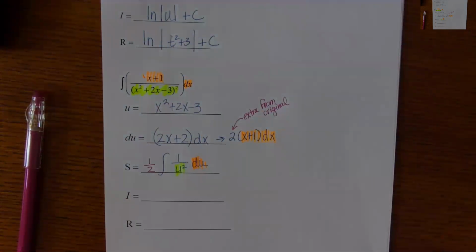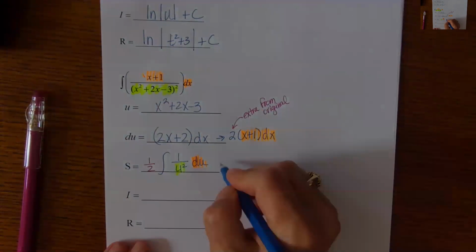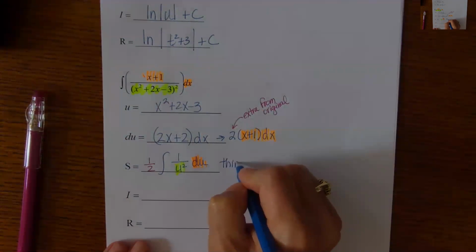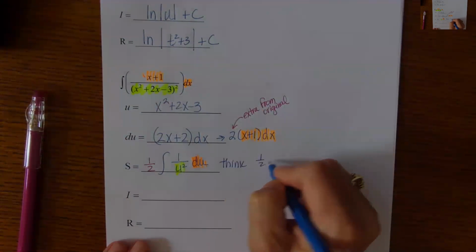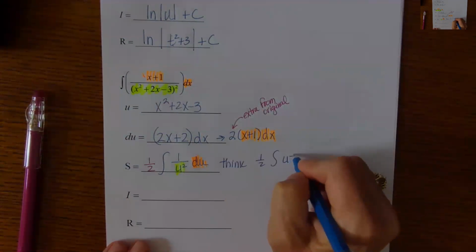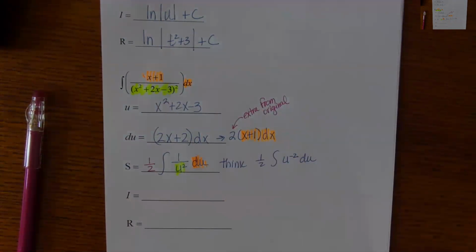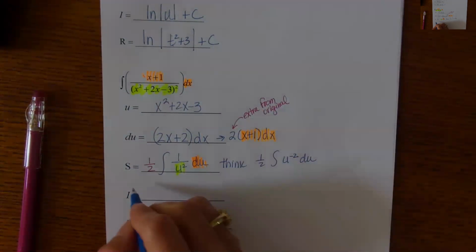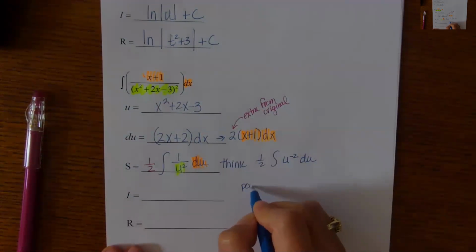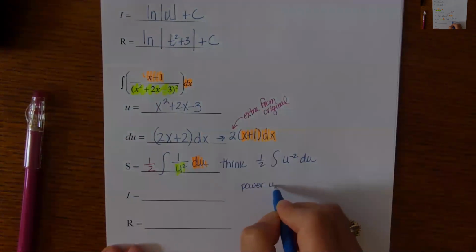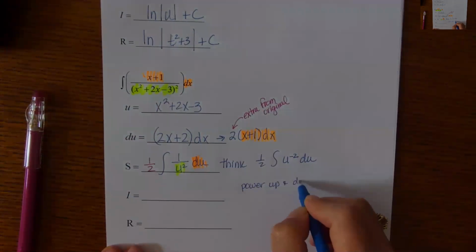How do I integrate that? Help. What should I think of that as? Right? Now we integrate. What do we do to integrate? Put the words in your head, power up, and divide.